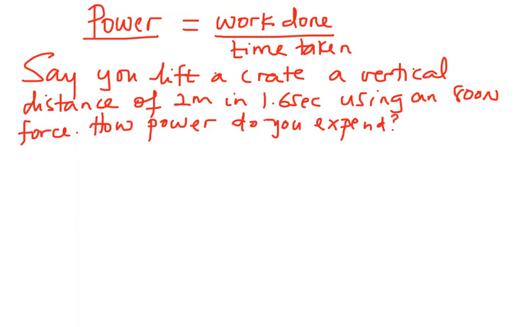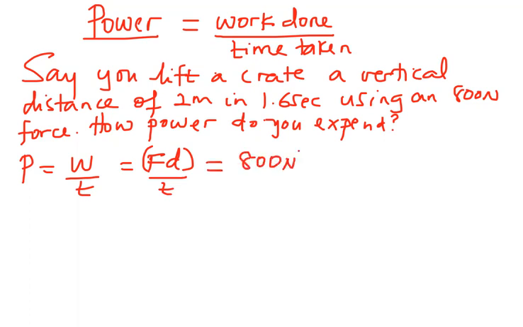Then you go and apply the formula. So power will be work over time. Now the work is the force times distance, remember? Force times distance over time. The force is acting upward, 800 newtons, and the displacement is 2 meters. Then you divide by the time, 1.6 seconds.